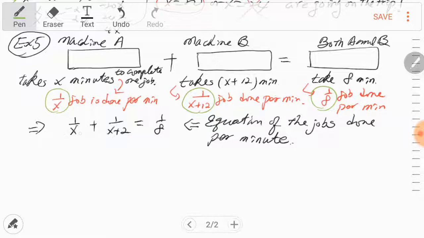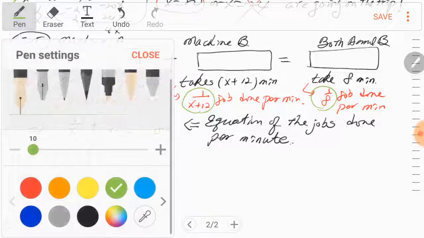The first one is 1 over X of the job done per minute. The second expression is 1 over X plus 12 of the job done per minute. So once they both work together, 1/8 of the job will be done per minute. So from here we can find X. Then X is the minutes that machine A takes. All right, so let's find the value of X.